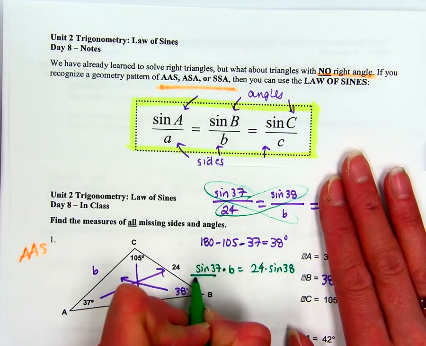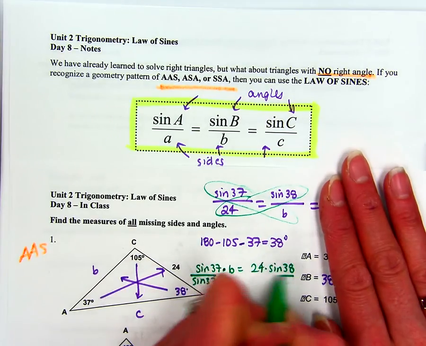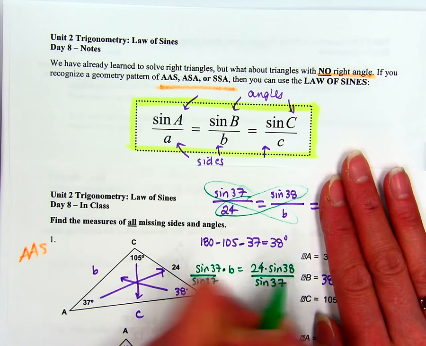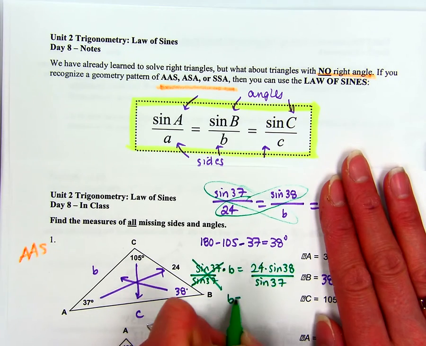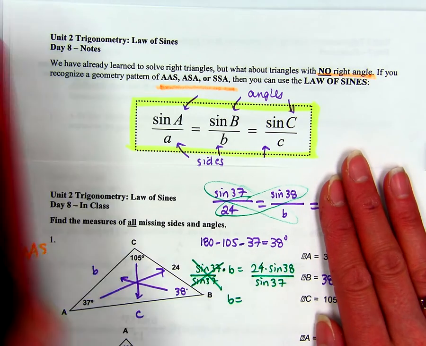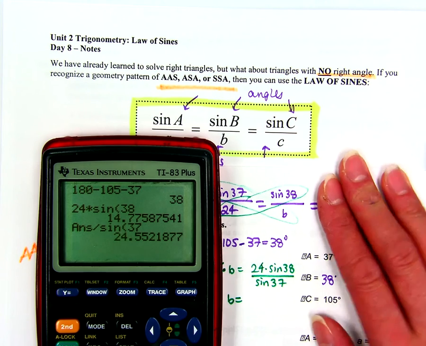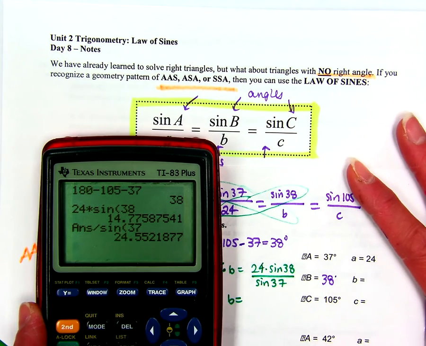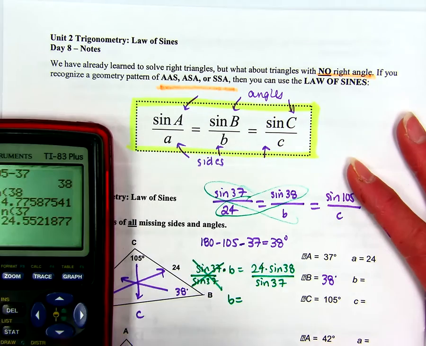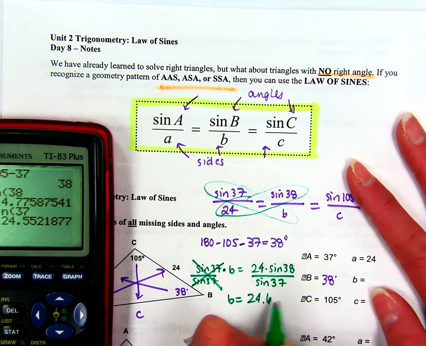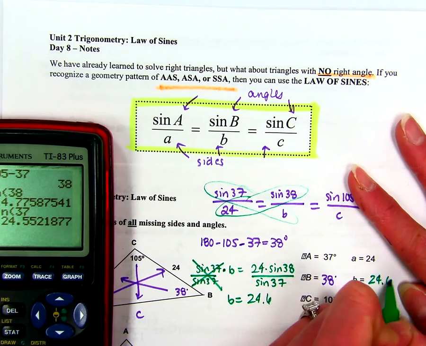These are multiplying, so to undo multiplication, we just divide. So these cancel out, and I get B equals, and then this is something I just typed directly into my calculator. 24 times sine 38 divided by sine of 37. And I get B to be 24.6. All right, so side B is 24.6.